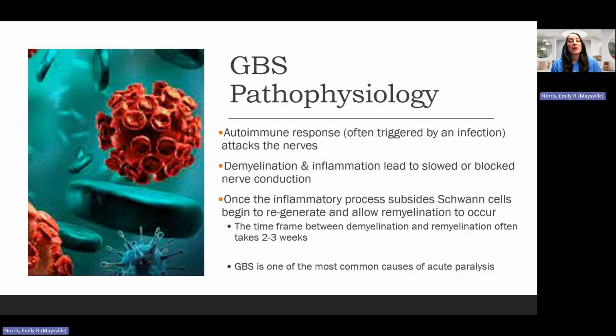Typically, Guillain-Barre syndrome is an autoimmune response that attacks the nerves. What triggers it is unclear, different in every case. So sometimes it's an infection. Sometimes it is a really stressful event.